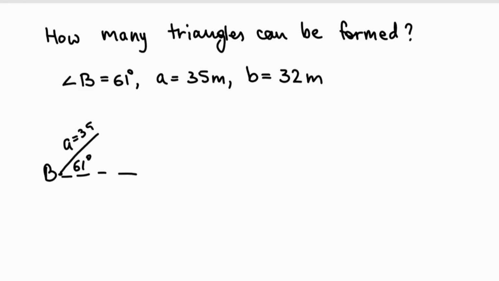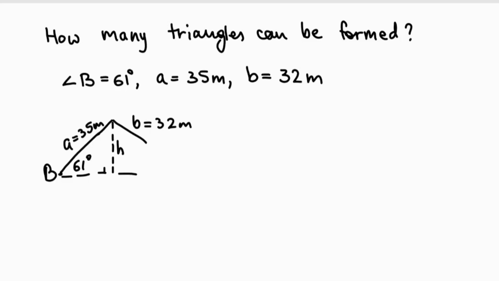This is equal to 35. And it goes up here. And then there is a side B that is shorter than A. B is potentially equal to the height of the triangle.